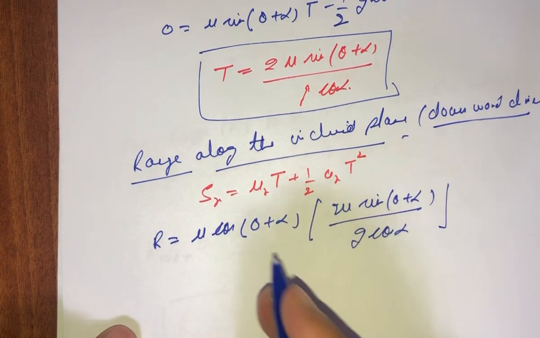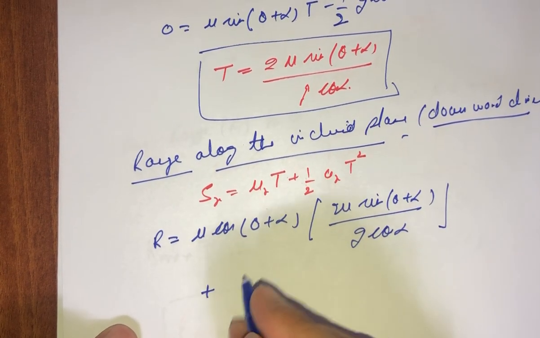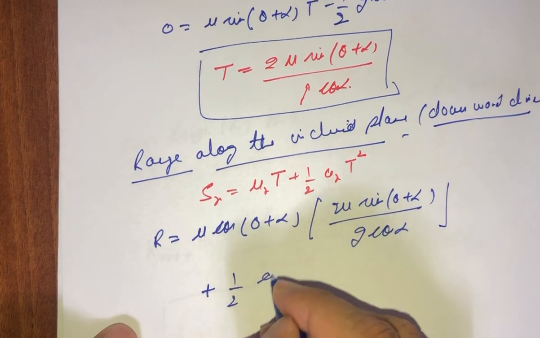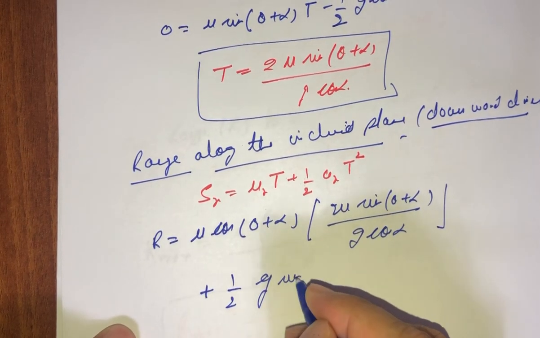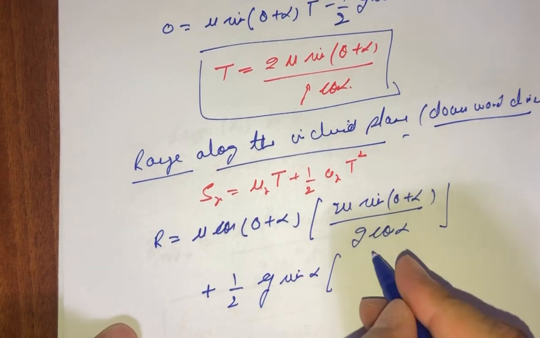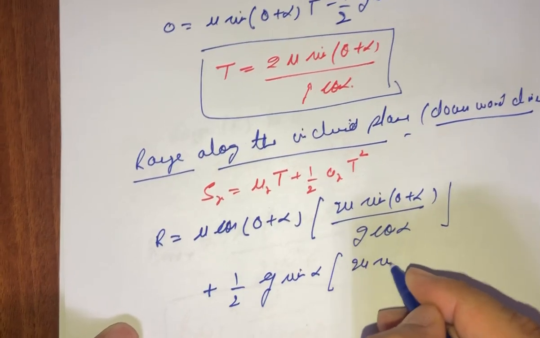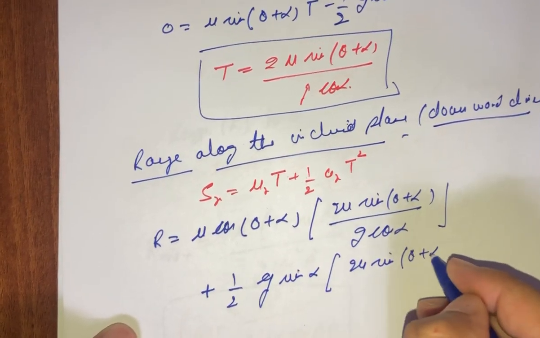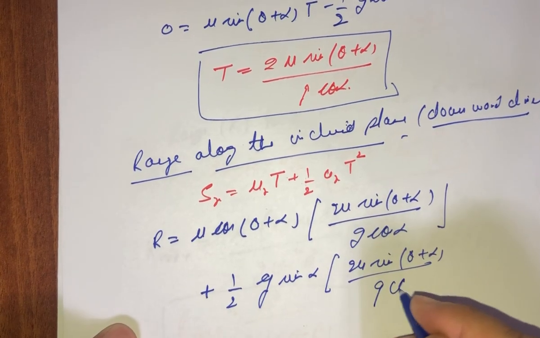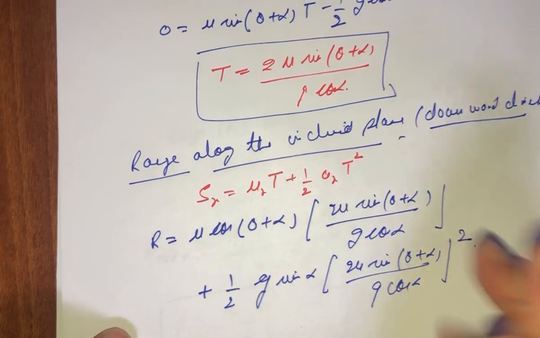ax is positive, so we say this is positive, half g sin alpha into 2u sin of theta plus alpha divided by g cos alpha, whole square.